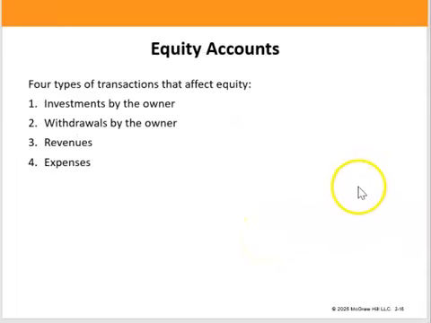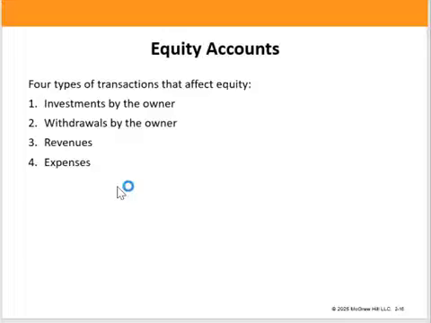Equity accounts, okay. So our revenue and our expenses are equity accounts, but they go on our income statement. And then once we know revenue minus expenses gives us either a profit or a loss, that profit or loss is carried forward to the statement of changes in owner's equity.